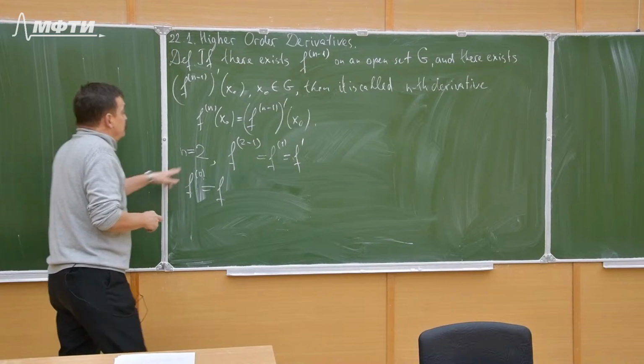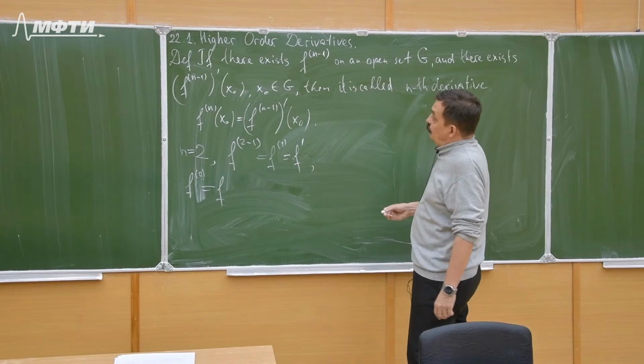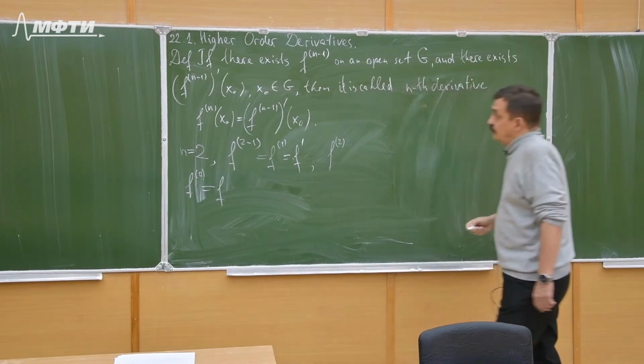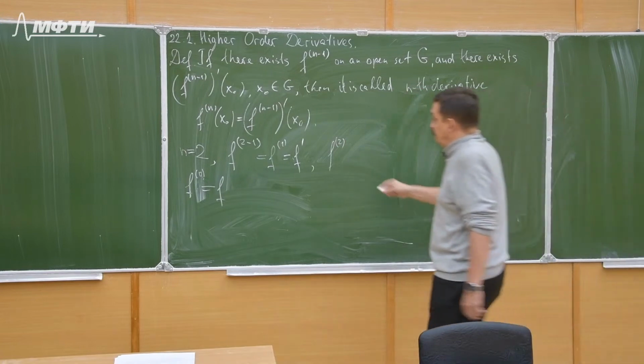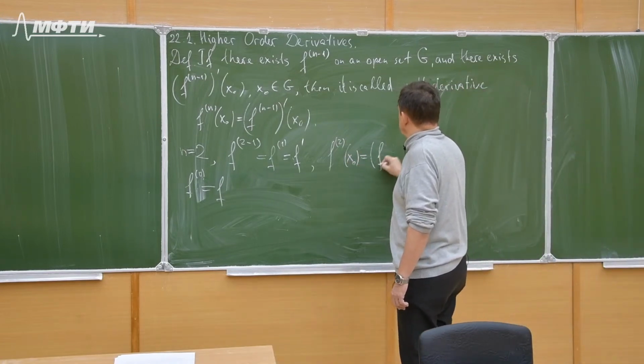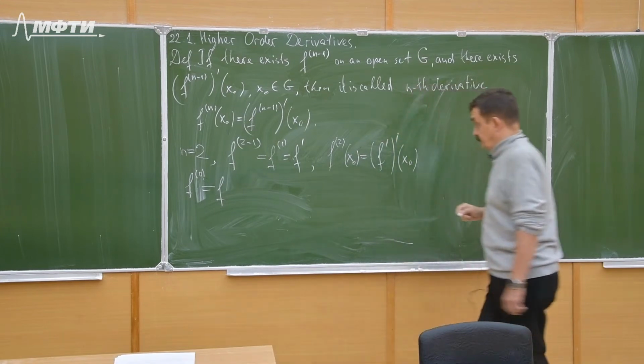And so you see, for n equals 2, we talk about the second order derivative. What is it? By definition, it is the derivative of the first order derivative.